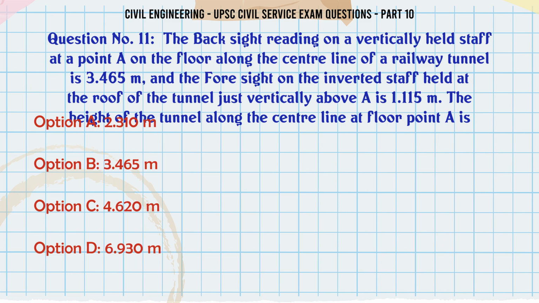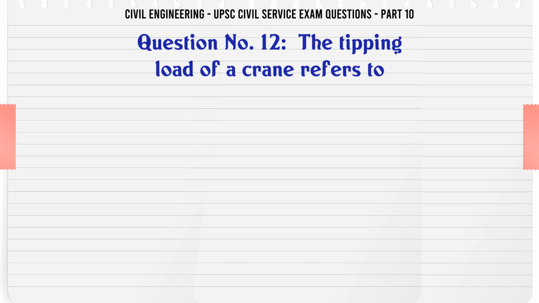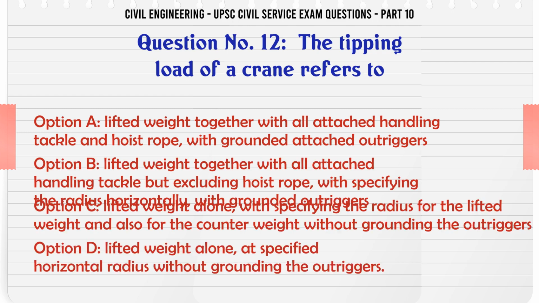The height of the tunnel along the center line at floor point A is A. 2.310 m, B. 3.465 m, C. 4.620 m, D. 6.930 m. The correct answer is 4.620 m.